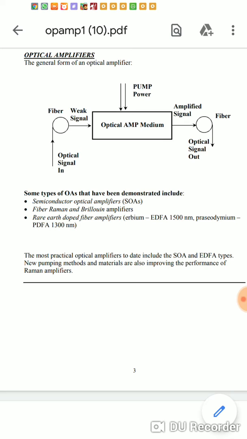Through the optical fiber, it is given to the optical amplifying medium, and the output of the optical amplifying medium is the boosted optical signal, where the strength of the optical signal is increased, and through the optical fiber at the output we get the amplified optical signal. The new point in this diagram is the optical amplifying medium. That is the basic point in the optical amplifier where the main amplification process takes place.